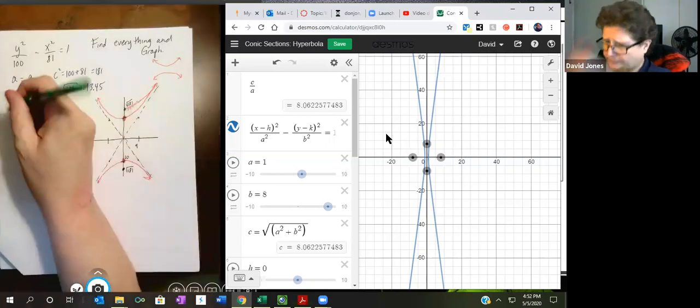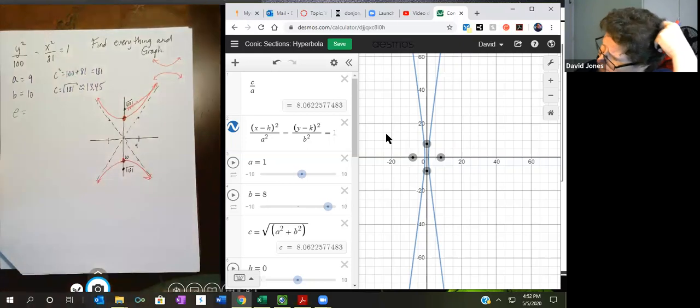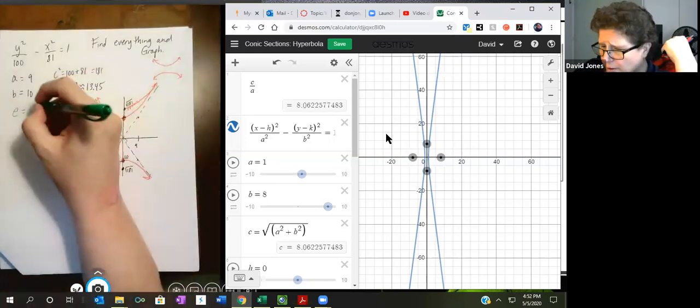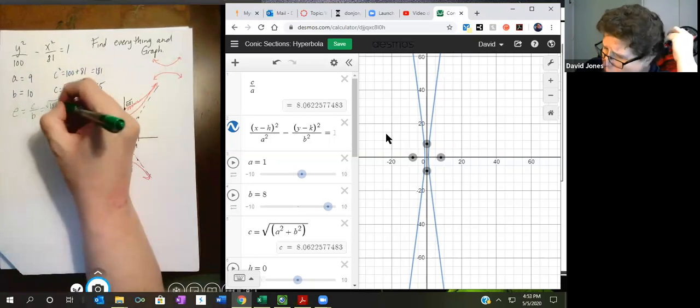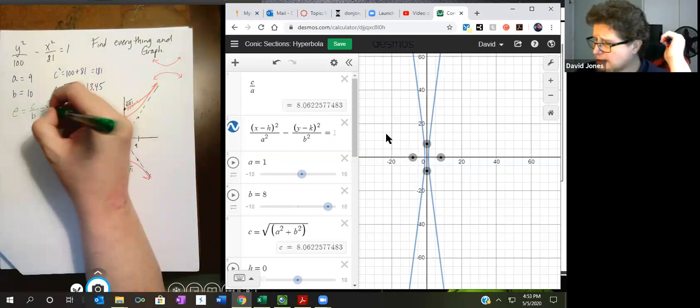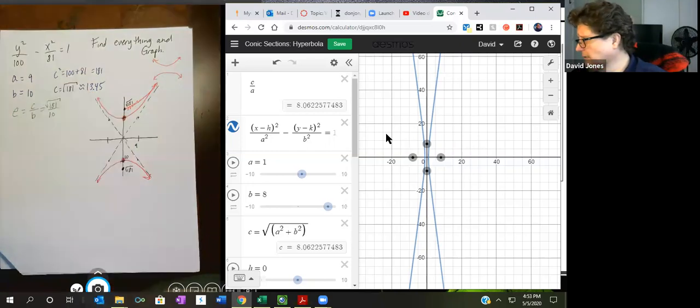What's E? E is C over the bigger number, which means it's over B. Square root of 181 over 10. Where did I get that value?